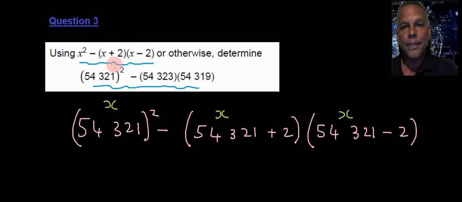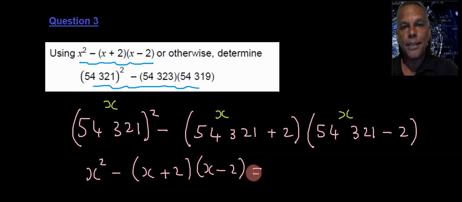So let's simplify the expression in x and see what we get. So we have x squared. So I'm first going to rewrite this. X squared minus x plus 2 times x minus 2. So we have x squared, then minus, and this of course is a difference of squares. So I'm going to put it in brackets because of the minus here.